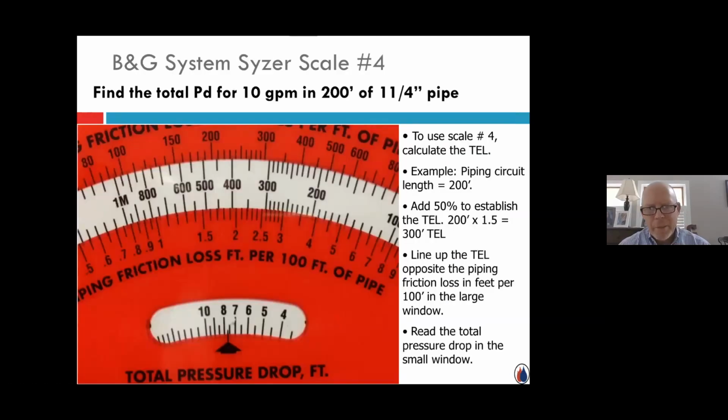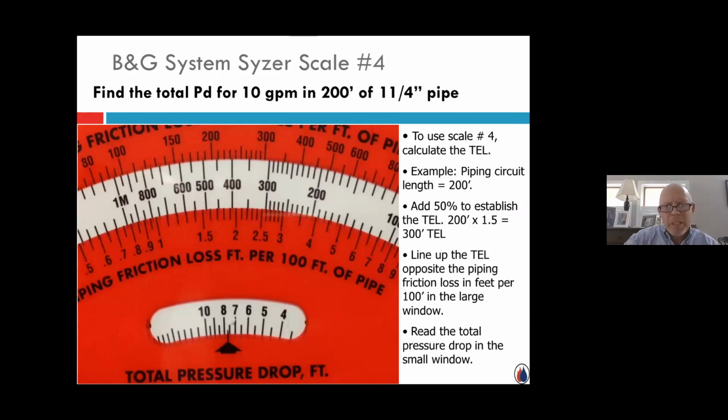So again, staying with some of our original calculations or flow rates, if I have 10 gallons a minute and I establish what my pressure drop was going to be in 1.25 inch copper pipe. So 1.25 inch, I establish the pressure drop. I add 50% to this 200 feet to get my TEL. So that becomes 300 feet.